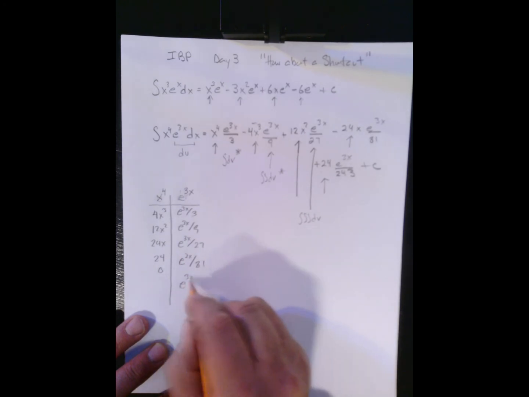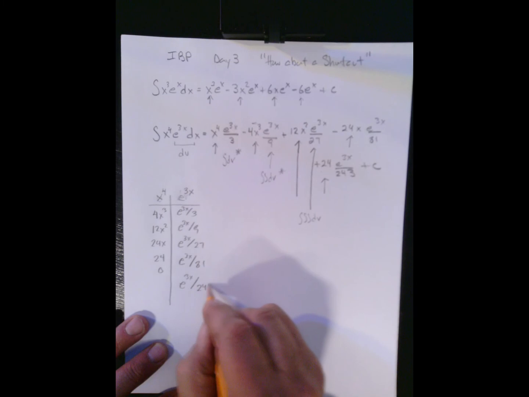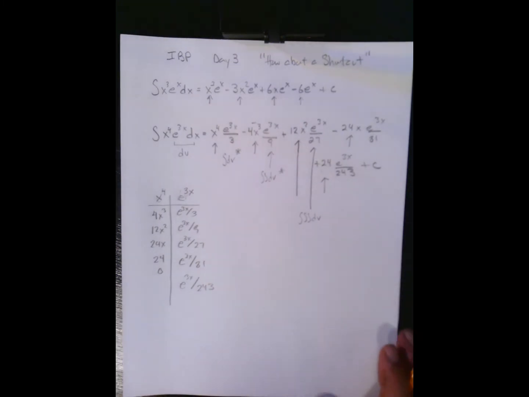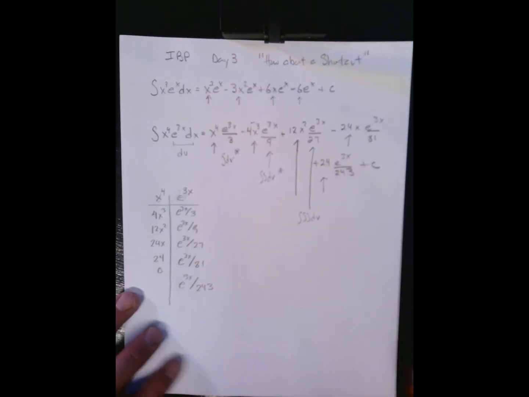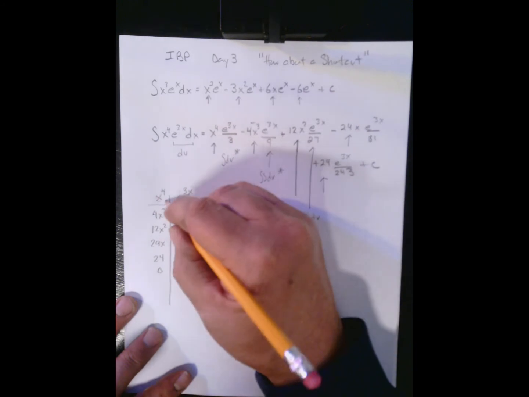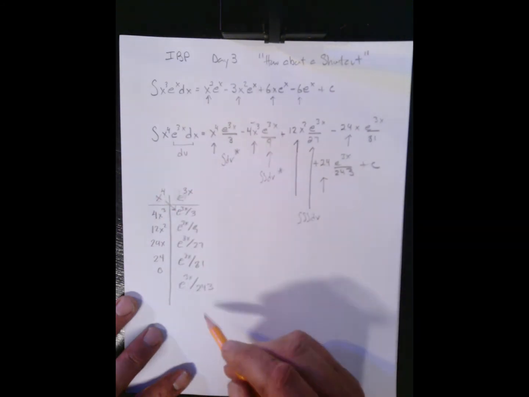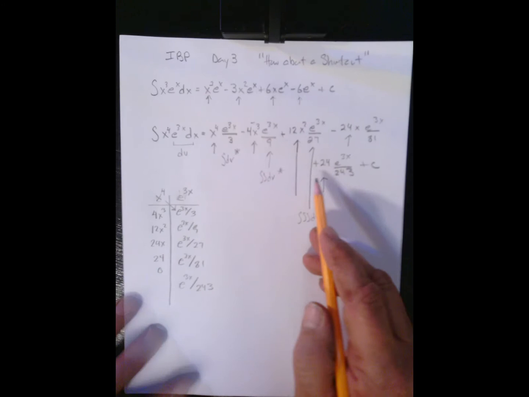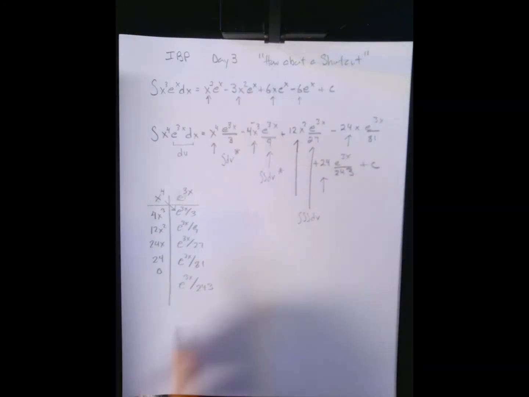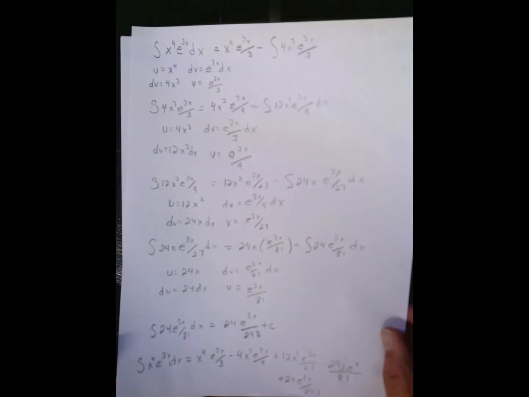And e to the 3x over 243. Had I done that, I could have just used this table to generate this solution, which took quite a while. Again, there's 4 integration by parts inside of each other. That's a lot to keep straight.